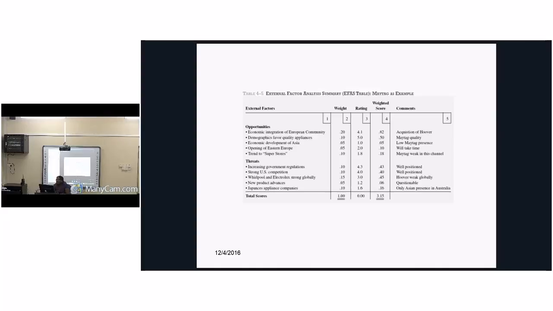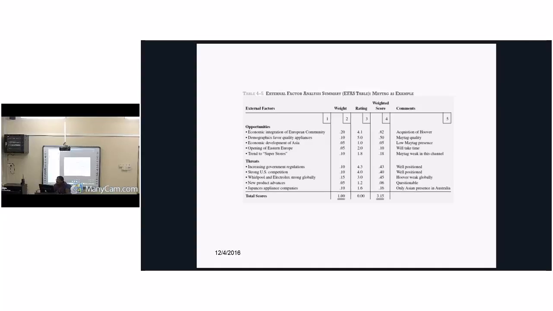And you can give them weight. This opportunity can be weighted as 2. This opportunity can be weighted as 1.5. Altogether the weights should total 1.